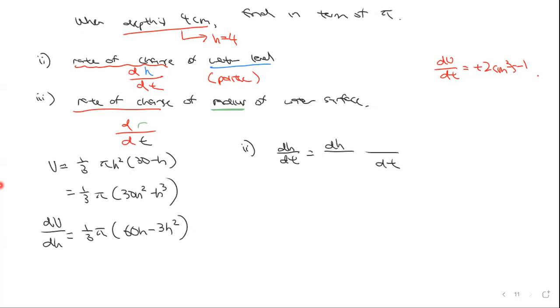dh/dt must be, well, we just need something in between to get us there, and the only thing we have right now is dV. So dh/dt is dh/dV times dV/dt. Think of it like fractions. I know they're not technically fractions, but the dV's kind of cancel, and so we've got dh/dt. So dh/dV is just going to be the reciprocal of dV/dh.